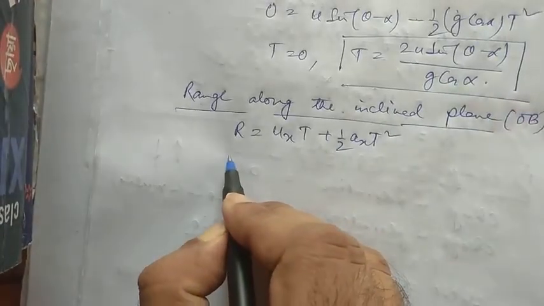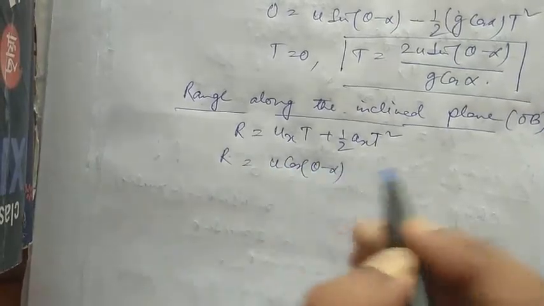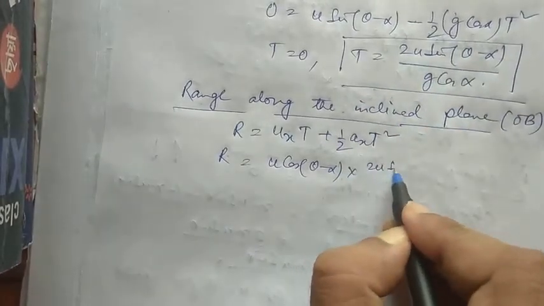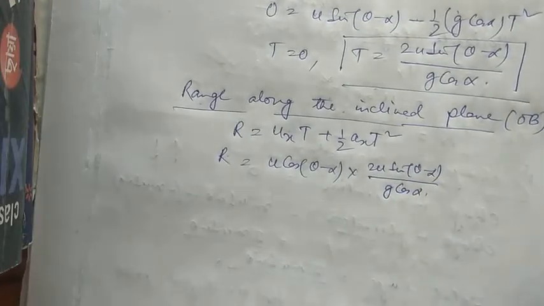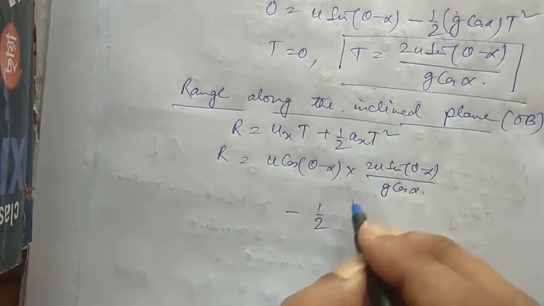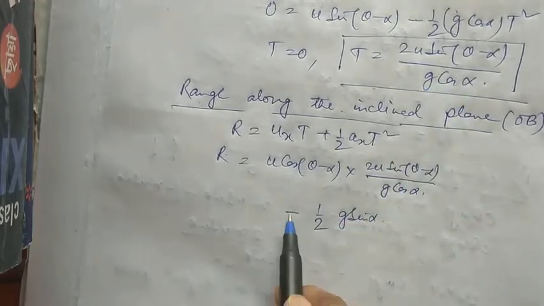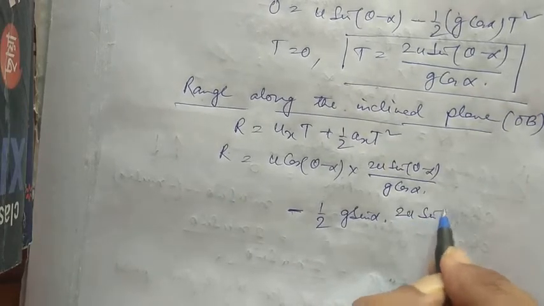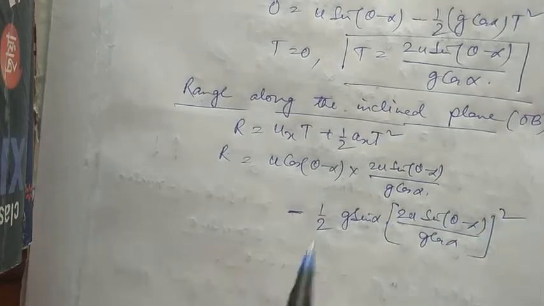We replace the values: u cos of theta minus alpha into t, which is 2u sine of theta minus alpha by g cos alpha, minus half g sine alpha into t square, so 2u sine of theta minus alpha by g cos alpha whole square.